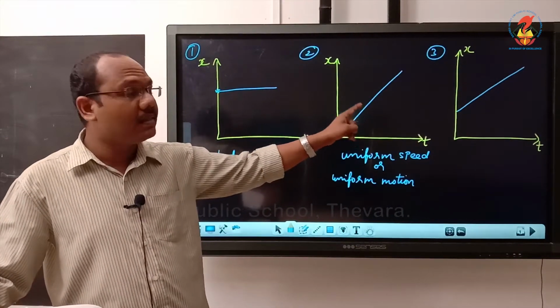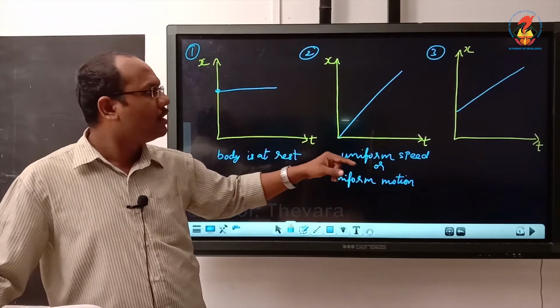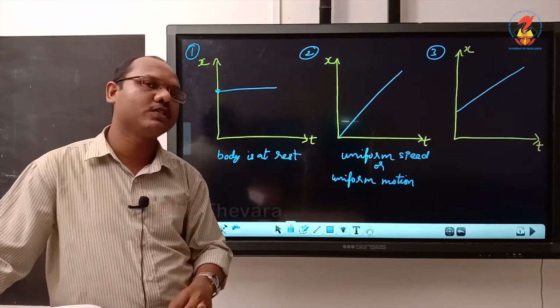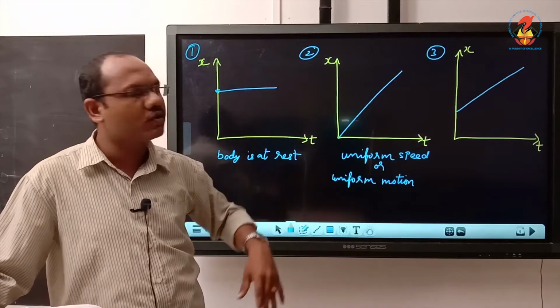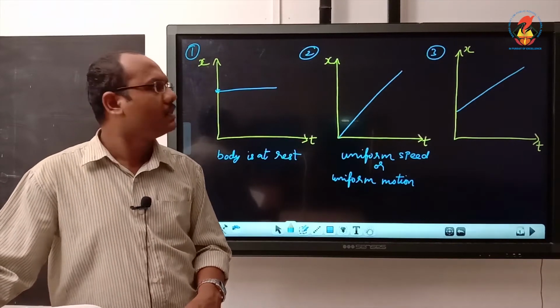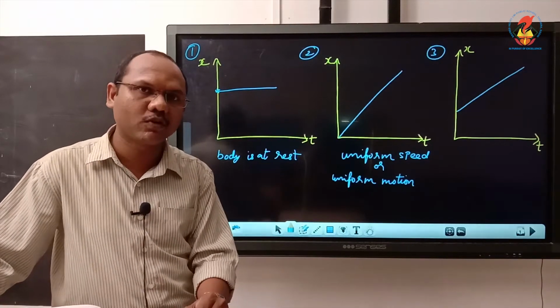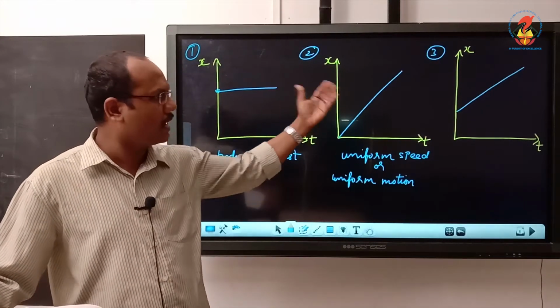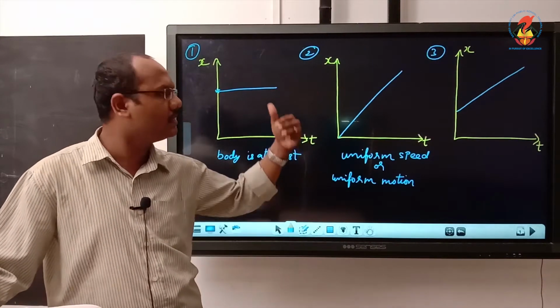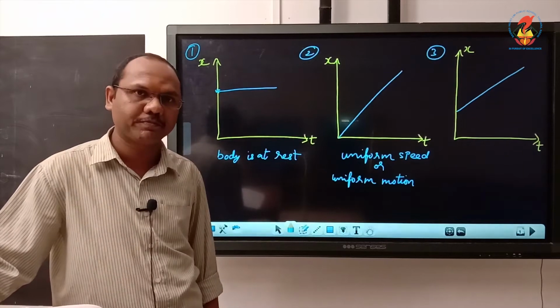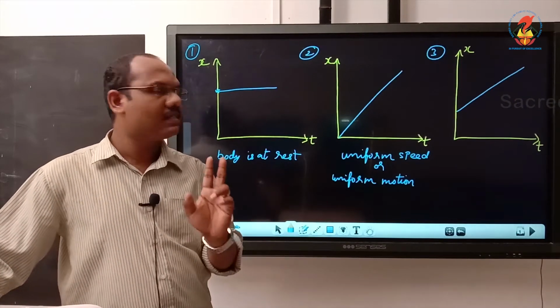So in the third graph, the body is not starting from the origin. This graph is also uniform motion only, but the body is not starting from the origin. The body is somewhere at a distance away from the origin, and then the body is moving away from the origin.